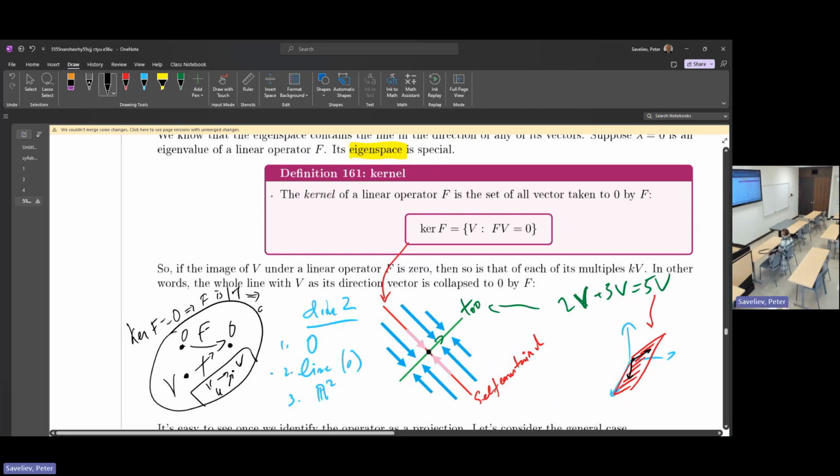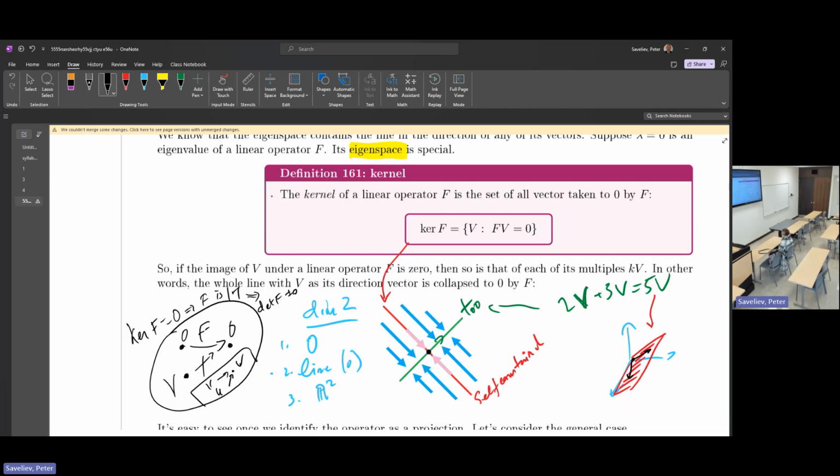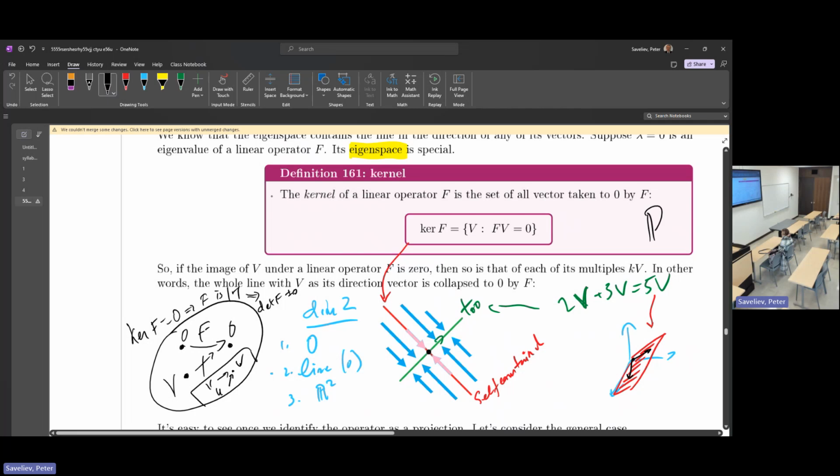This determinant, right? Determinant not equal to 0. So when the determinant is not equal to 0, the function is one-to-one, and the kernel equal to 0 is the same thing. And that works in all dimensions. There is nothing specific to the plane.